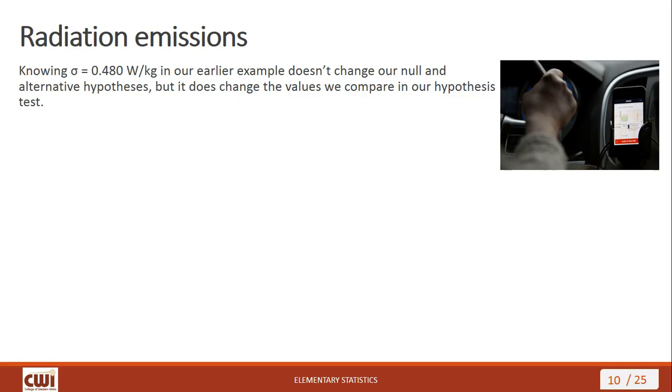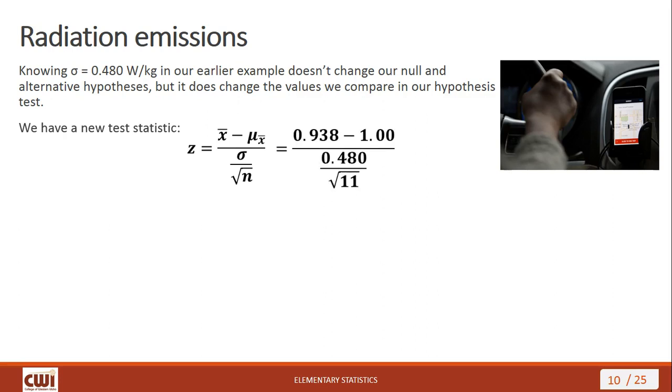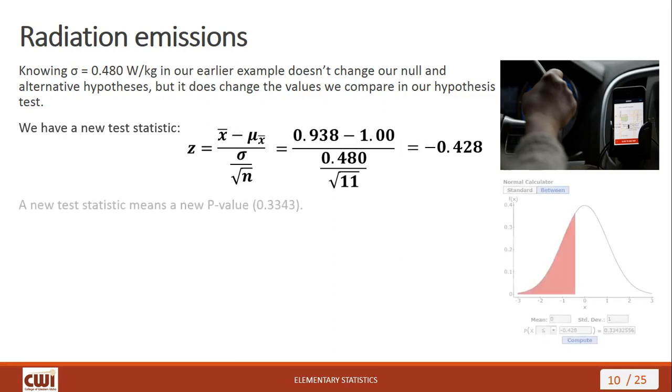However, the values that we use for comparison to decide our test, those values will change. So we need to calculate a new test statistic. We have a z-score now instead of a t-score, which we calculate with this formula here. So we plug in the values that we have, and out comes negative 0.428. Slightly different from what we had before.